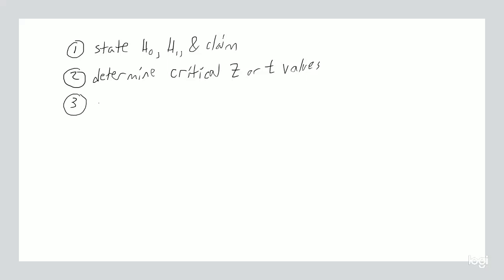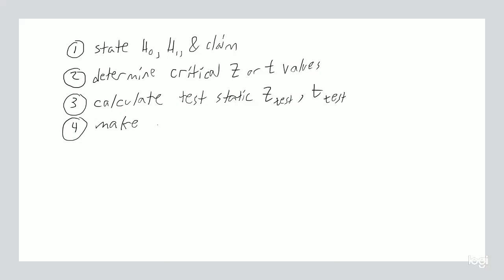Step 3, calculate the test statistic. Okay, so this is a Z test or T test. This is converting your sample mean to the Z table or the T table. And step 4, make your conclusions.